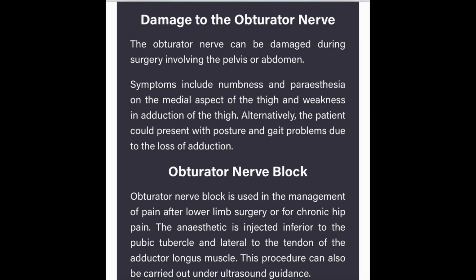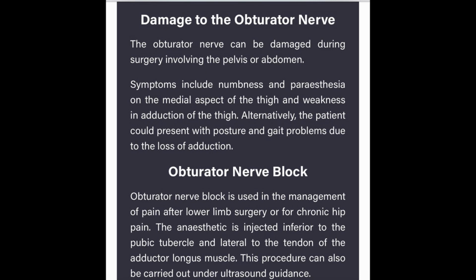Alternatively, the patient could present with posture and gait problems due to the loss of adduction. Because in this nerve involvement both sensation and motor function are affected, posture is also affected. So this is the damage to the obturator nerve.